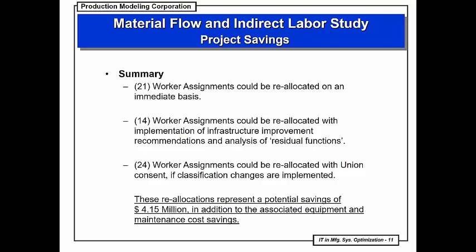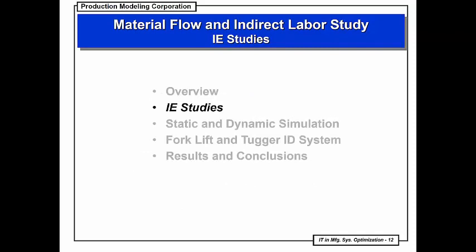This was a union environment, so we had to take into account the union consent before we reallocated any indirect labor. Overall, with this project, we saved 4.15 million, in addition to the equipment and maintenance cost. I'll now walk you through some IE studies we did.